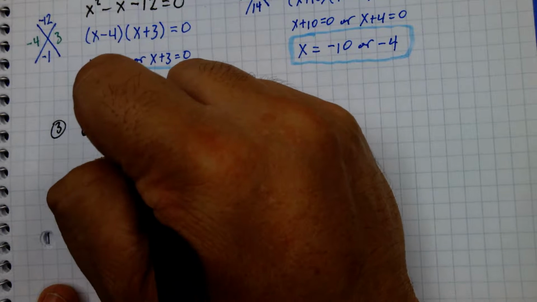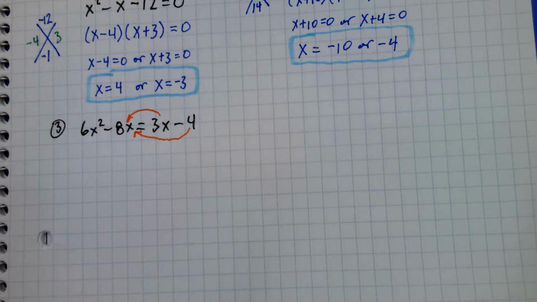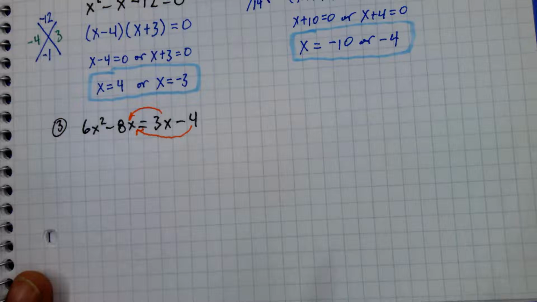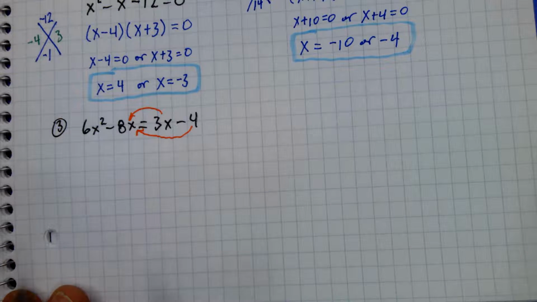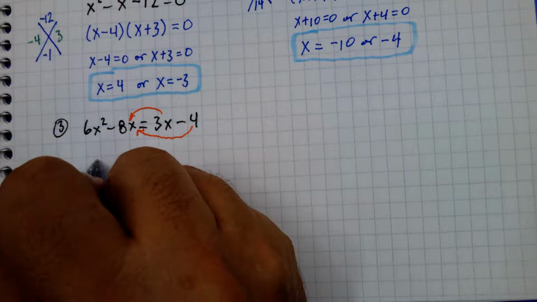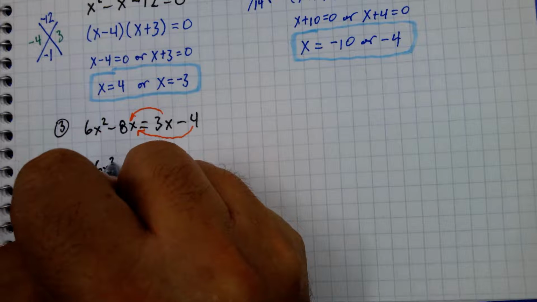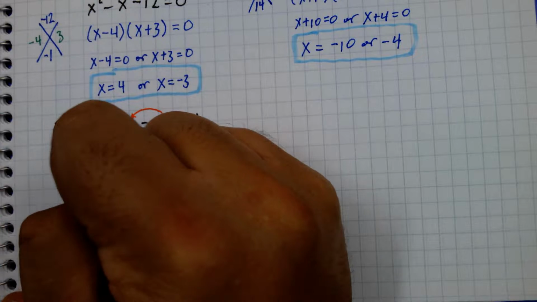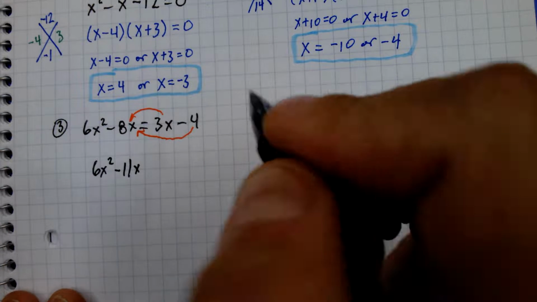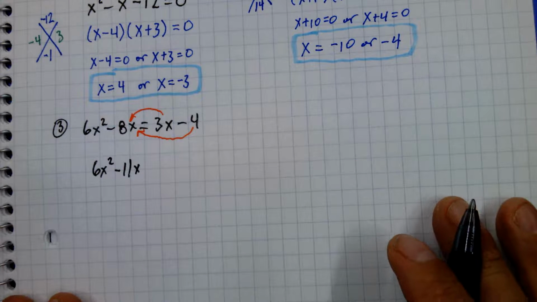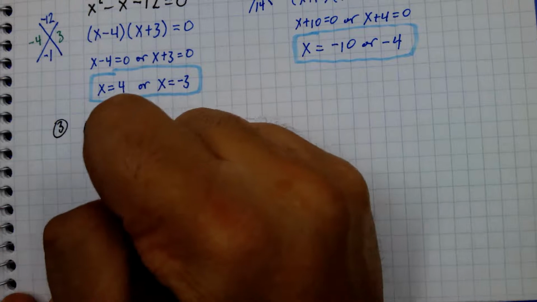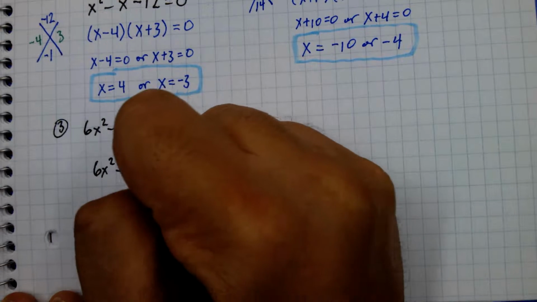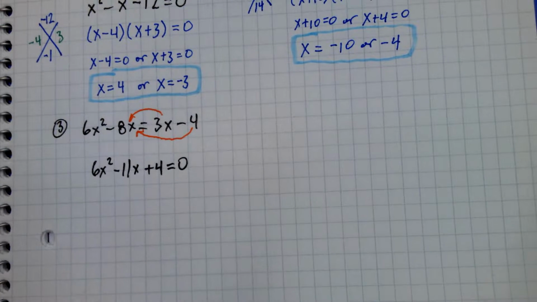Minus 4 is going to go behind it. Let's see what we get. So 6x squared stays 6x squared. How about my next term? What's that going to become? Negative 11x. And then how about my constant term? Plus 4. All right. So factoring this is going to be a little tougher.